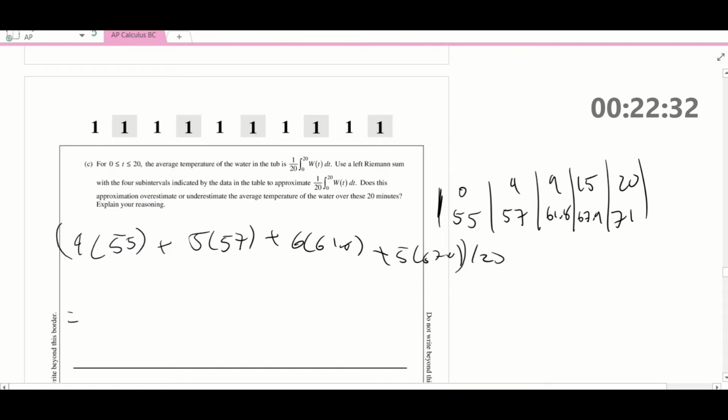I'm sorry, but I pretty much did this already, so this should be fine. This is equal to 60.765 degrees Fahrenheit, right?